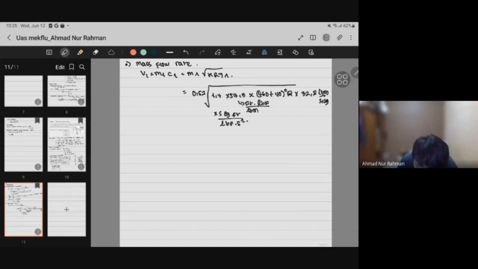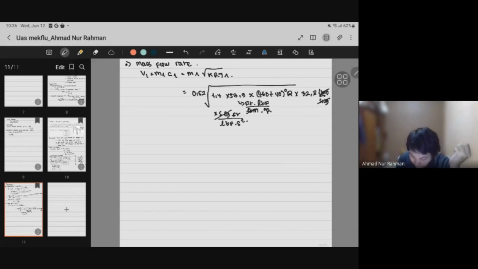Okay, before we resolve, we need to identify the units. So we need to erase them, and there is a slug.